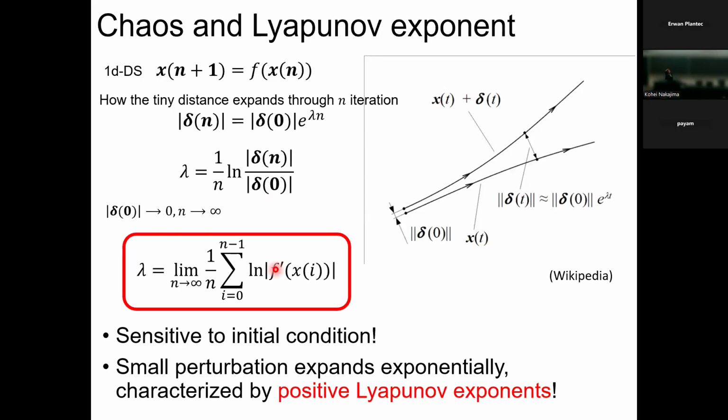Probably you already know there's a measure called the Lyapunov exponent, which characterizes how a small perturbation expands exponentially. If this measure is positive, your system is chaotic, and if it's negative, it's not chaotic. Later, we will use this measure to analyze conventional deep neural networks.